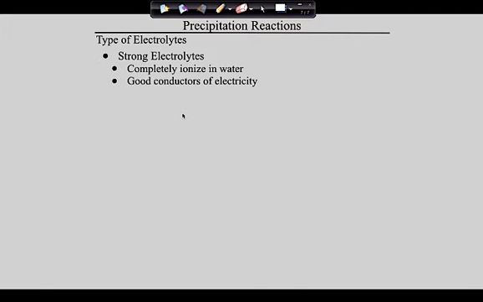Now guys, as you would guess, if there are strong electrolytes, there are also weak electrolytes. Weak electrolytes only partially ionize in water.